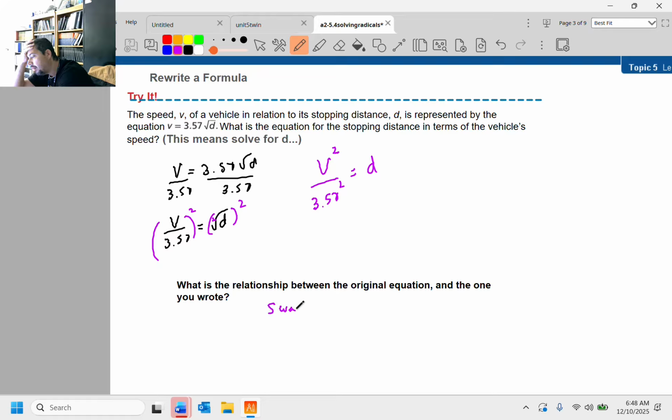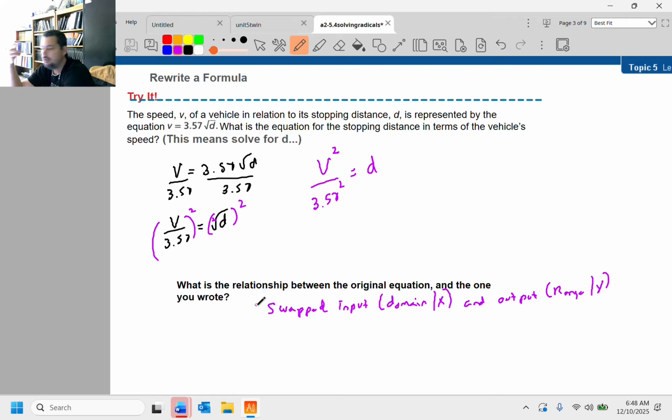So they have swapped input, which we call domain or x, and output, which we call range or y. Things that do that are called inverses. So this is an inverse. Introducing that word today because in a couple of days we're talking about inverses.